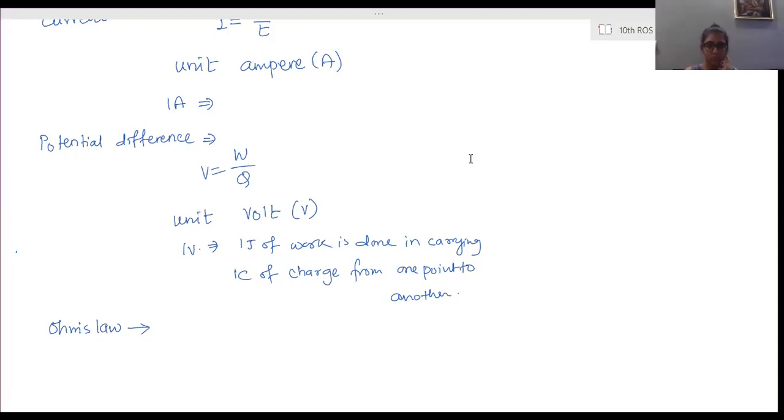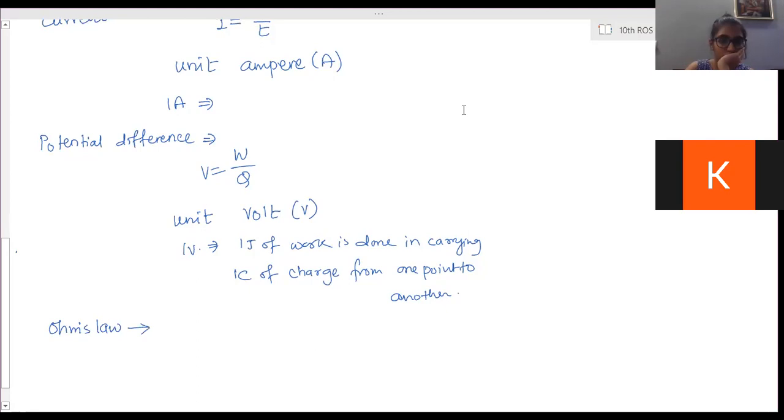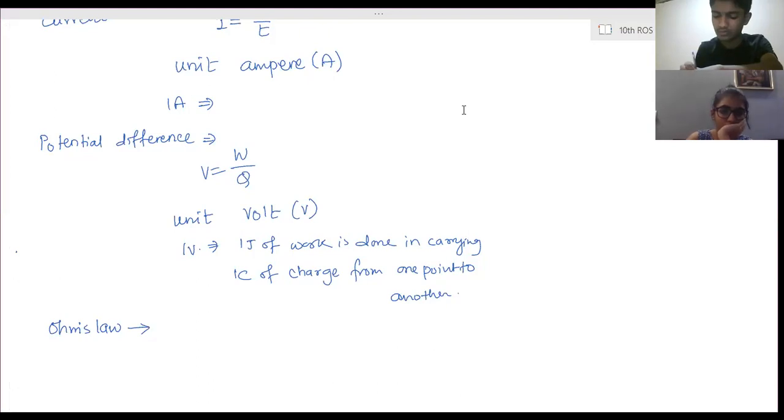Ananya, are you able to hear me? No. Kirtana? Yes, ma'am. Ohm's law. When physical conditions like temperature, area of cross section and length of the conductor remain the same, then the potential difference applied across the conductor is directly proportional to the current flowing through it.